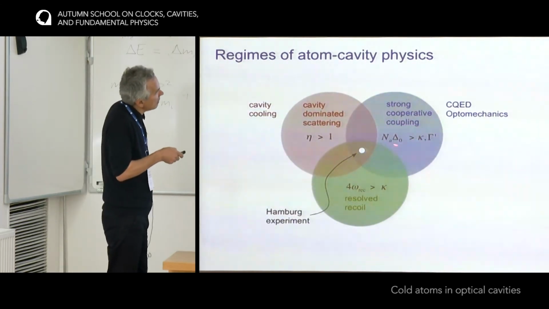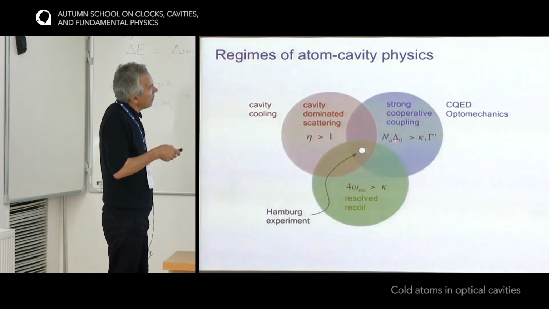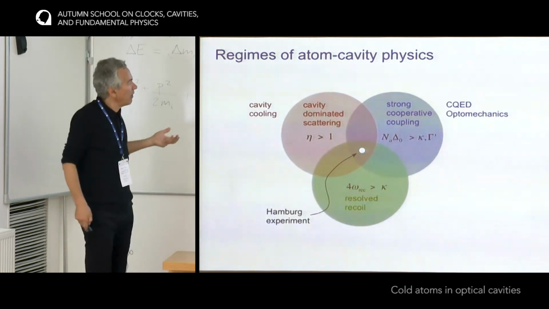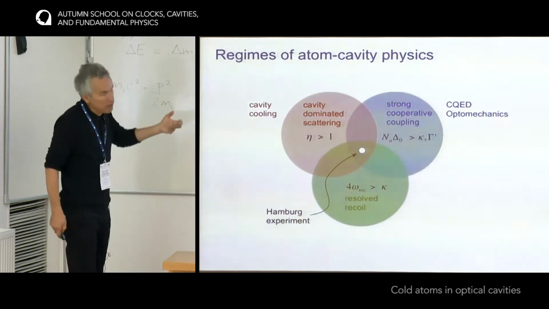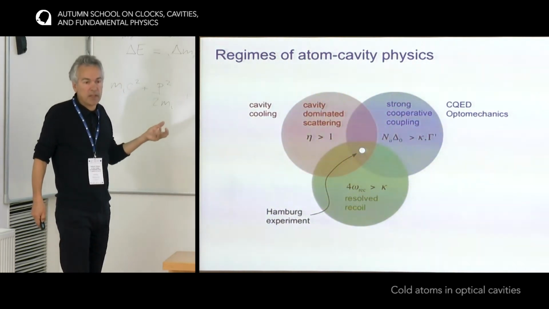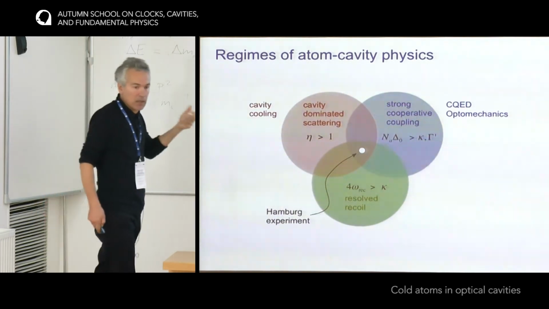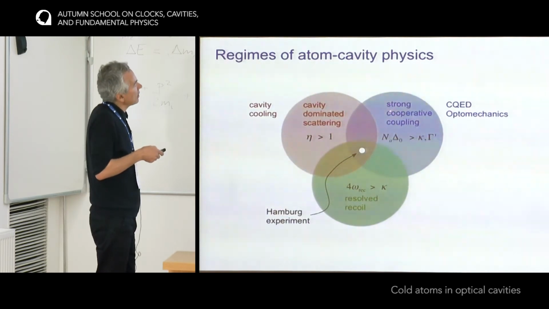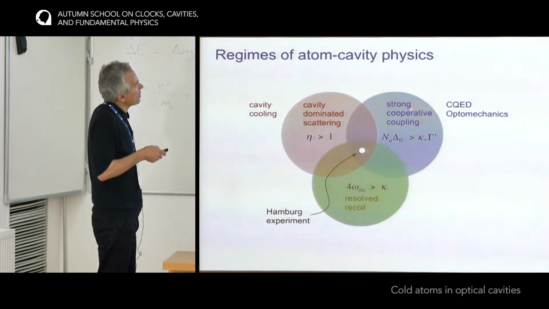And if this is the case, then the n atoms that you have in your cavity shift the cavity resonance by more than the cavity line width, or damping through spontaneous scattering. So this is then what you call the strong cooperative coupling regime.